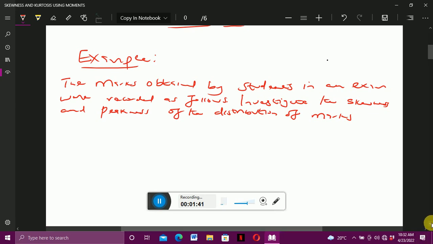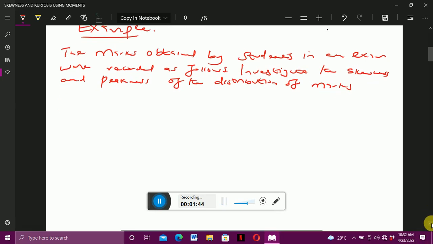So we put down the example down here. Here are the marks, and these are the number of students who scored the marks. Between 0 and 20, we had 7 students. Between 20 and 40, there were 15 students.